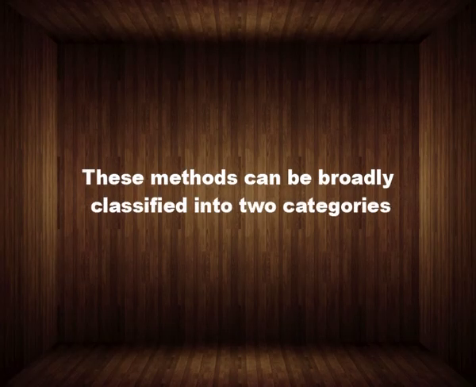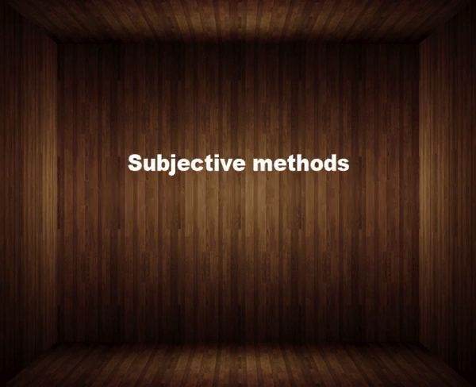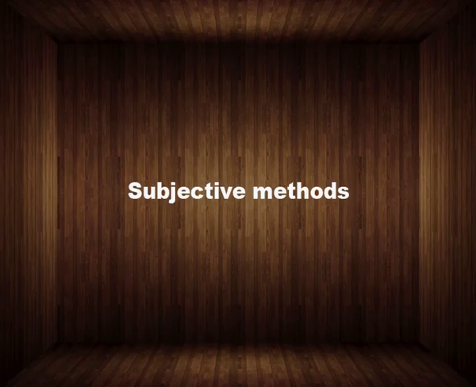There are several methods that are being used these days in psychology. These methods can be broadly classified into two categories: subjective methods and objective methods. These methods can be discussed one by one as: number one, subjective methods.